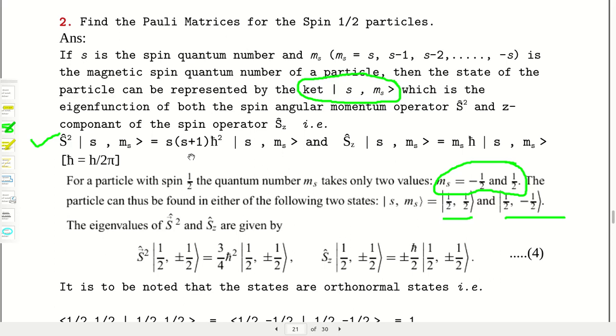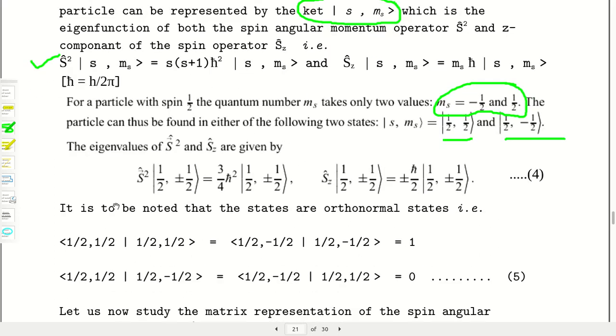Now I am coming to our present case. So sz operating on s comma ms will give you the eigenvalue ms h cut and the eigenvector, which is s comma ms again, where h cut is the reduced Planck constant, that is h by 2 pi.